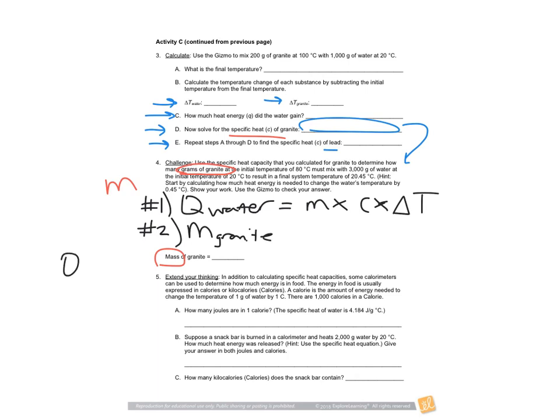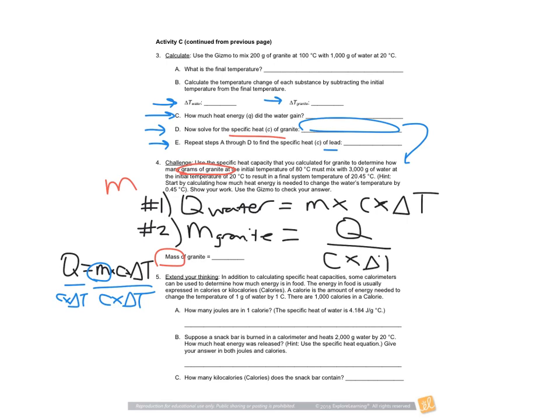If we rearrange our equation to solve for mass, we divide both sides by C times delta T. So our mass is Q divided by C times delta T. The Q comes from the answer you got in step number 1.